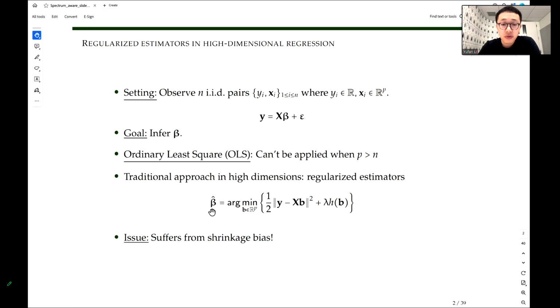If you want to do inference, then those are not directly applicable, because when you introduce the penalty, you also introduce a shrinkage bias, and that sort of breaks the normality in the beta hat.